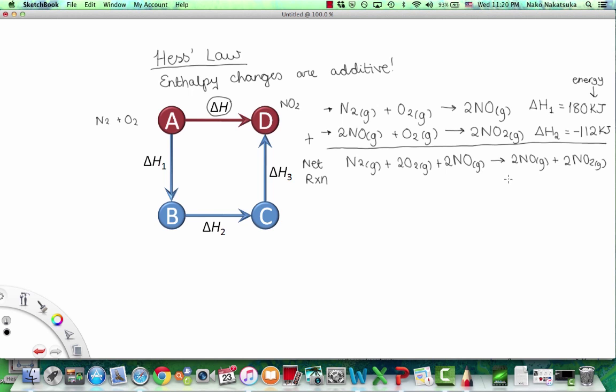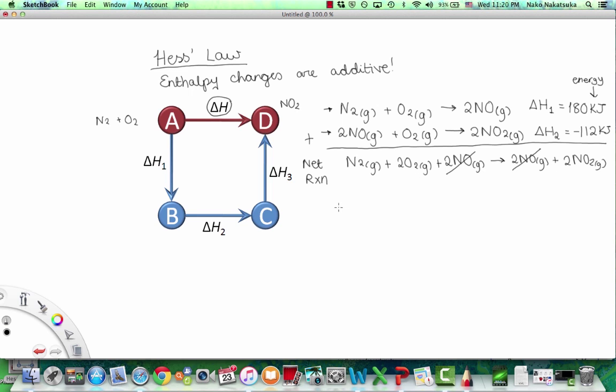Now when something's on both sides of an equation, you can actually cancel it out, because in this case you're putting in 2NO, but you're getting out 2NO right here. So let's cancel these out. And what's your net equation? N2 plus O2 gives you 2NO2.